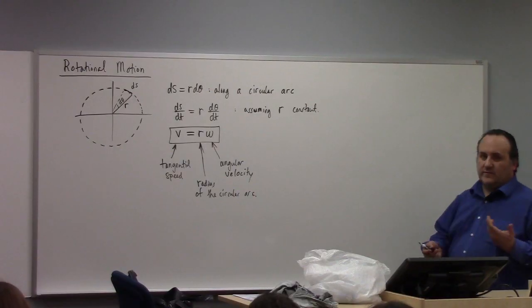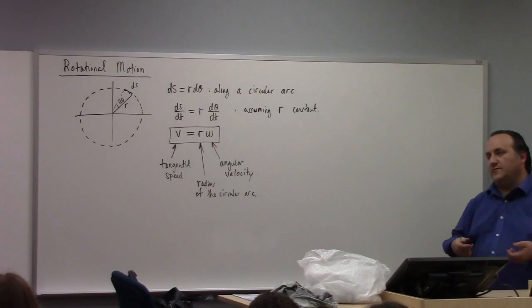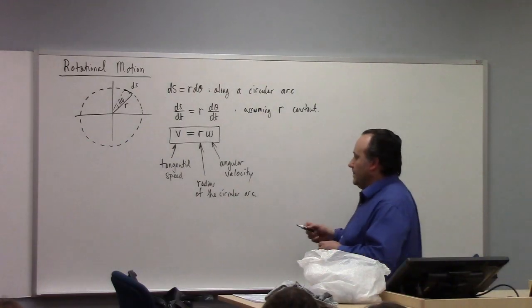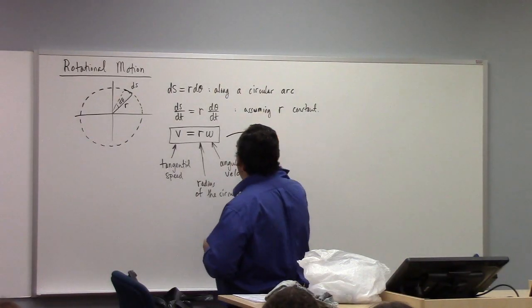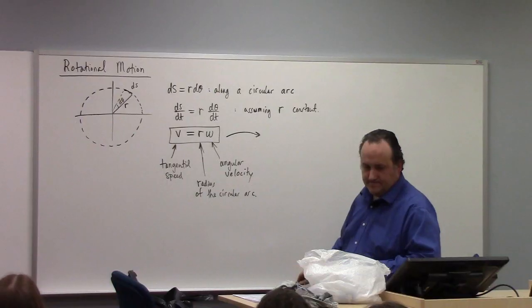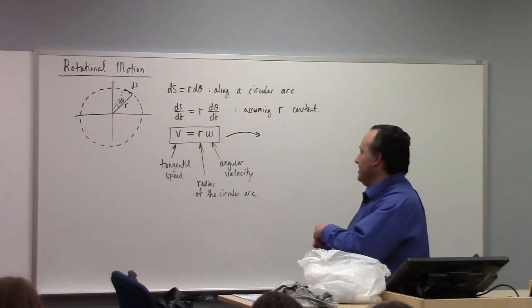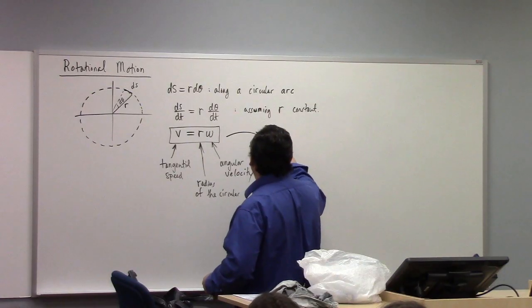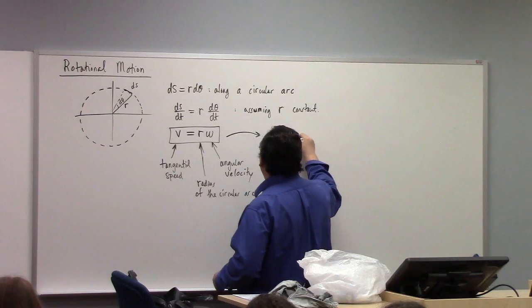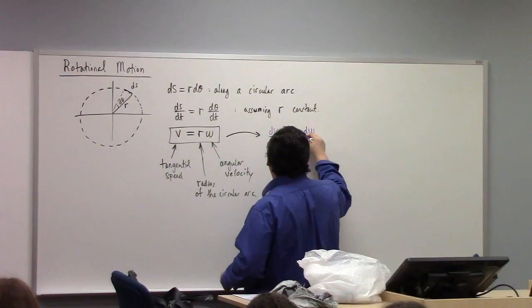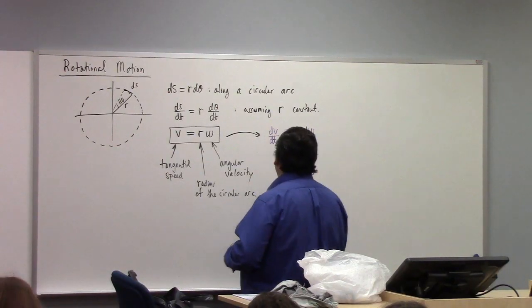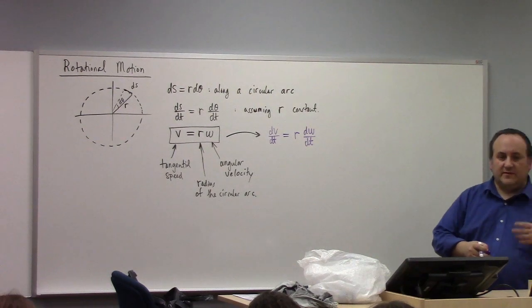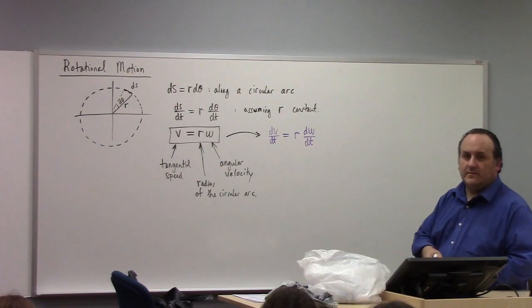So if that's the situation, what happens if we're continuing to move along a circle? What would happen if we differentiate this? What would we get? Differentiating, I get dv dt is equal to r times d omega dt. Why is r not varying? Listen, I'll deal with the possibility that r is varying next, all right?